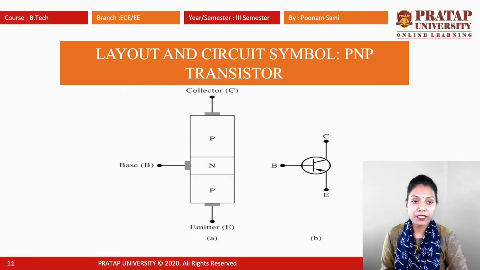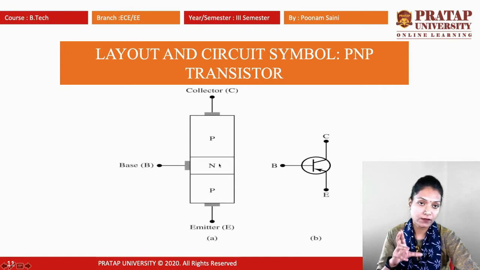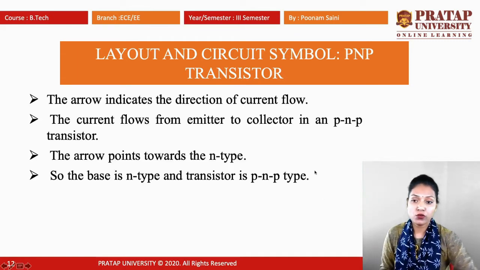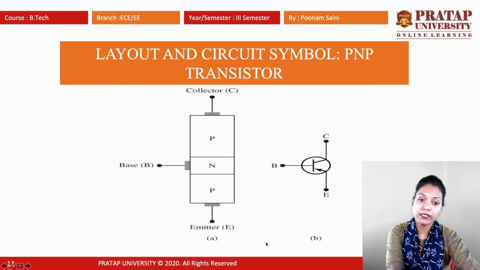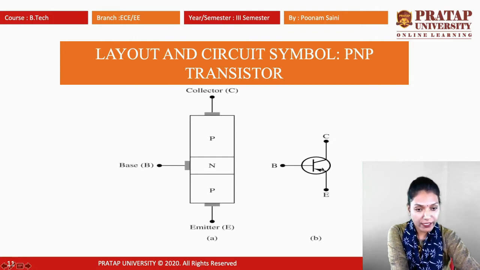Similarly, in the PNP, P is the collector, N is the base, and P is the emitter. So both the P's have an N semiconductor in between. The N semiconductor is known as the base, the P's are the emitter and the collector, and the arrow indicates towards the base. In this, the arrow also indicates the flow of current.